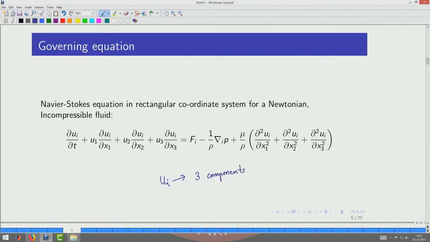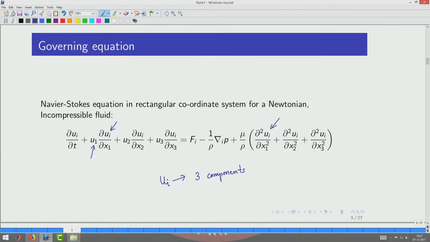You could actually write this for other coordinate systems. We have already seen those equations in the previous sessions, and which means that we now have basically 3 equations, and you can see that the velocity is appearing both in the absolute manner as well as in the differential manner on the left hand side as well as on the right hand side.